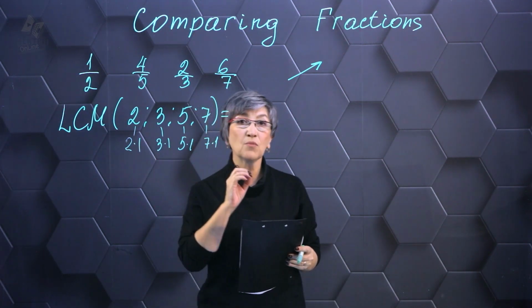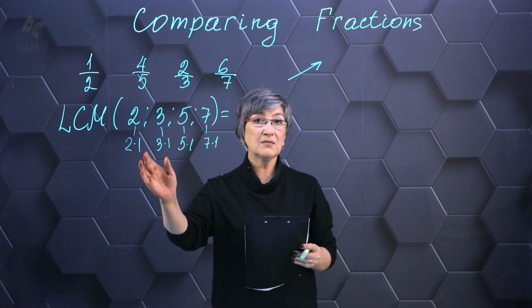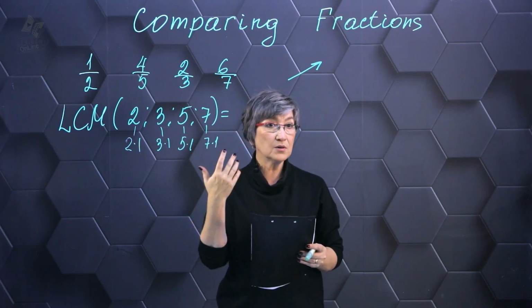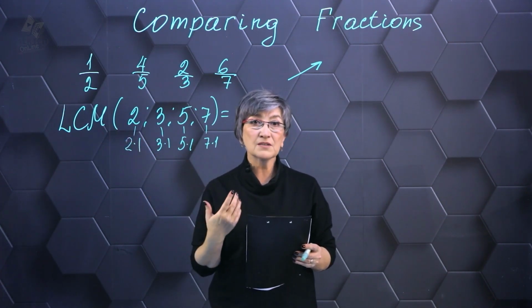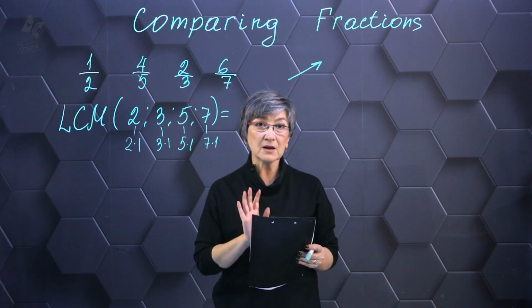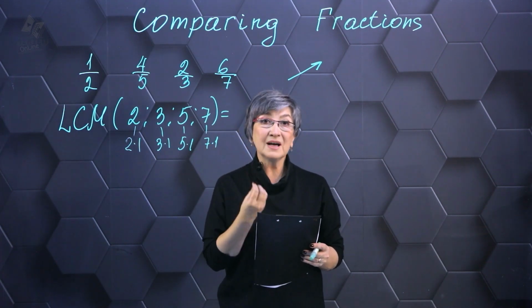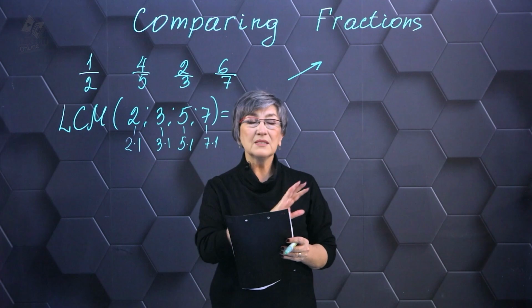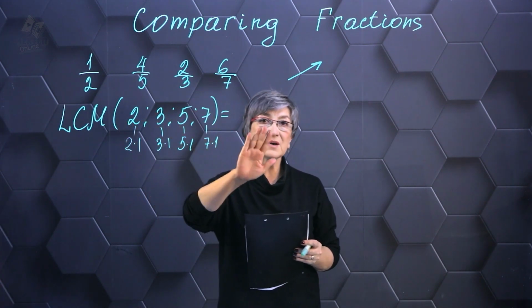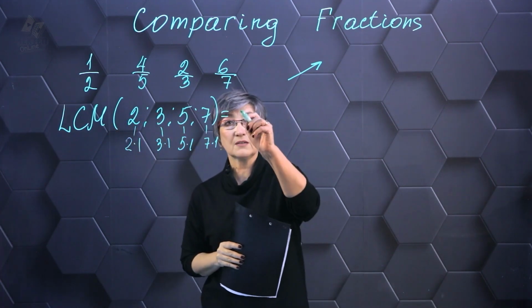Yes, there is that one, but when we find the least common multiple, we don't take the one into account. And then to find the least common multiple, I'm just going to multiply all of these numbers: 2 times 3 times 5 times 7.